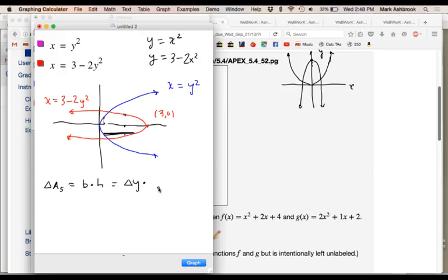So this height, is it x coordinate, y coordinate, change in x, or change in y? Now it's a change in x, right? So call this x2 here, and this one x1. So we want x2 minus x1.